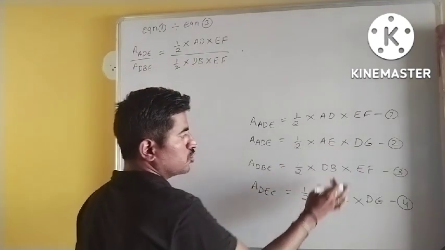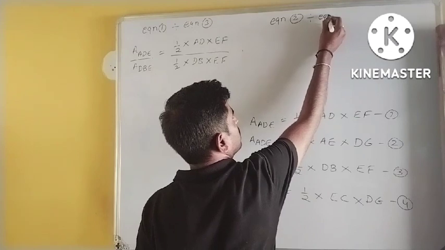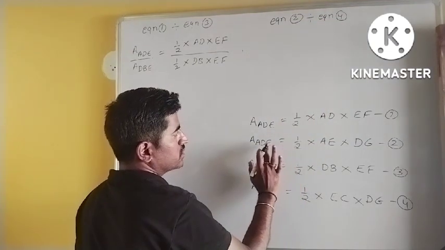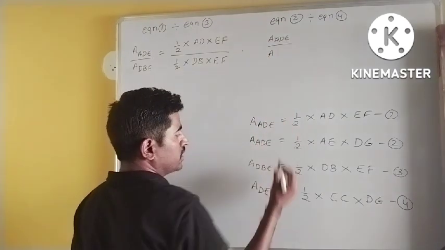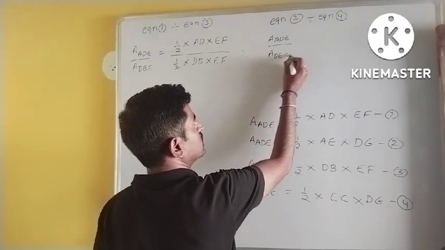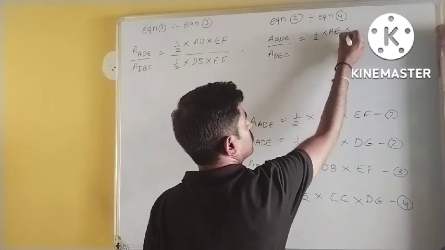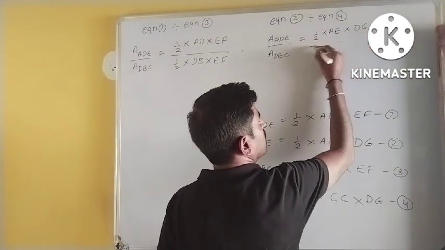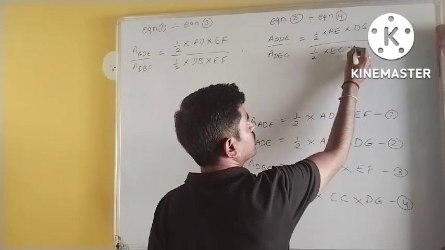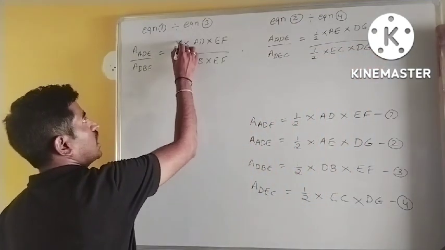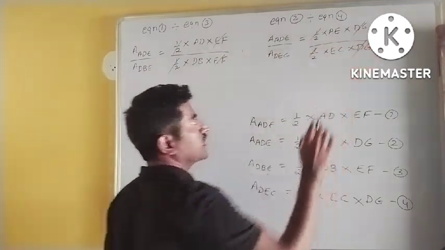Similarly, equation 2 by equation 4 will give us area of triangle ADE divided by area of triangle DEC is equal to half into AE into DG divided by equation 4, half into EC into DG. So here half EF will get cancelled. Here also half DG gets cancelled.